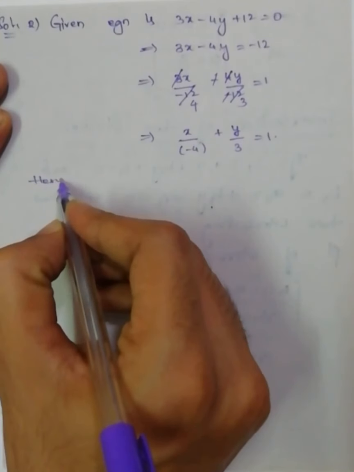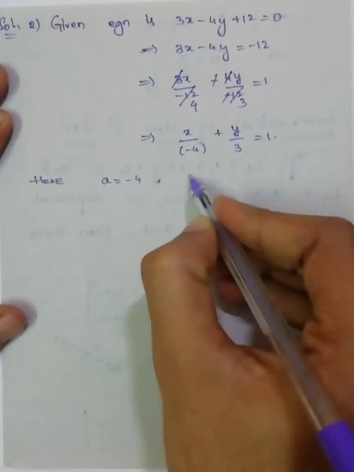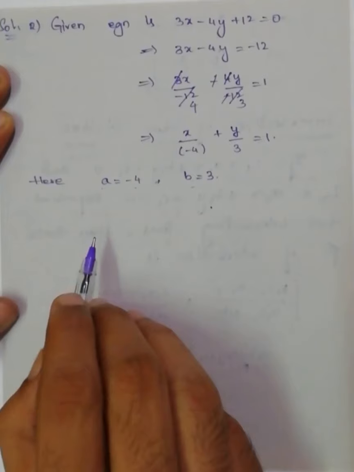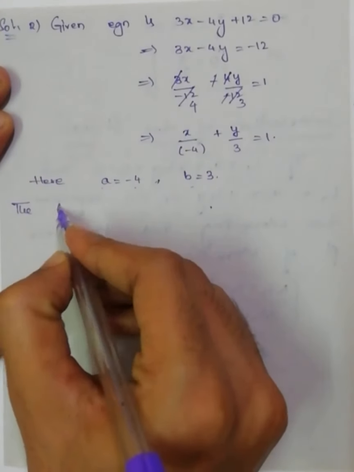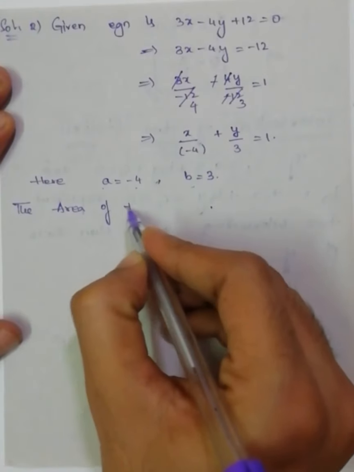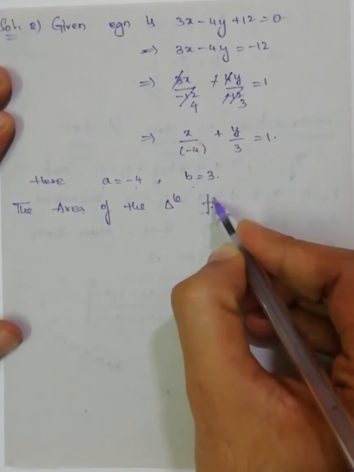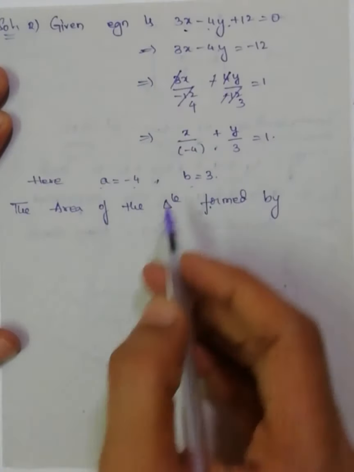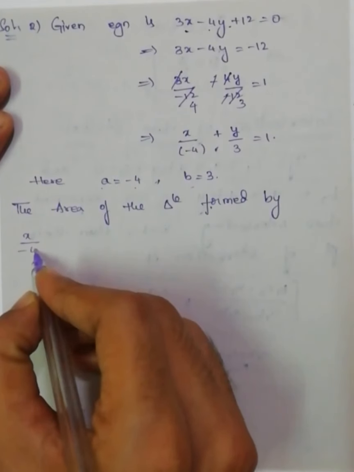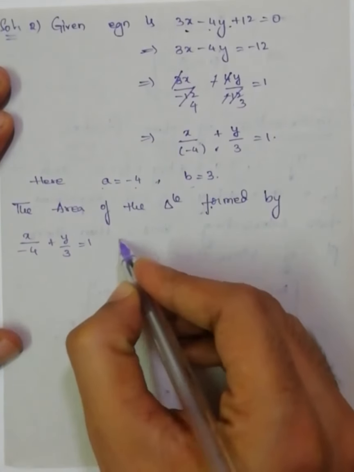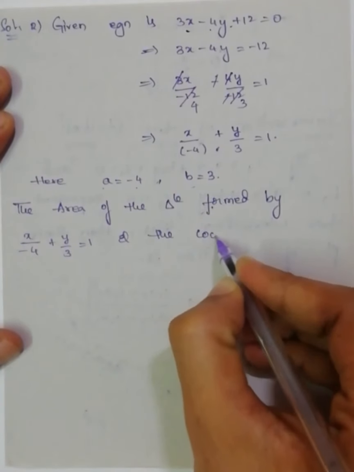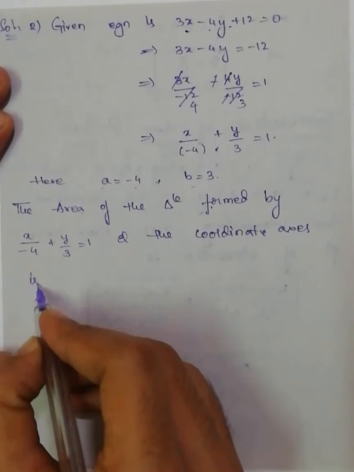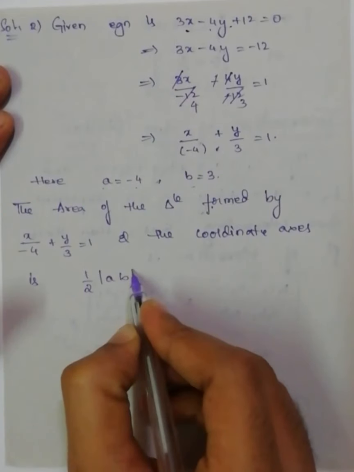Here a is equal to minus 4, b is equal to 3. You can say x intercept is minus 4, y intercept is 3. The area of the triangle formed by this one is nothing but this one. So I can write here x by minus 4 plus y by 3 is equal to 1, and the coordinate axis is half modulus of a into b.